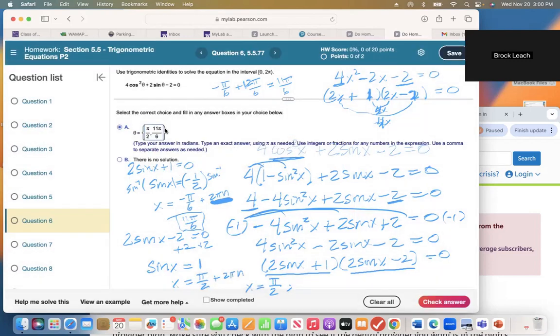Pi over 2, 11 pi over 6. 30 degrees gives us negative 1/2, isn't that right? And it was plus, did I do that right?